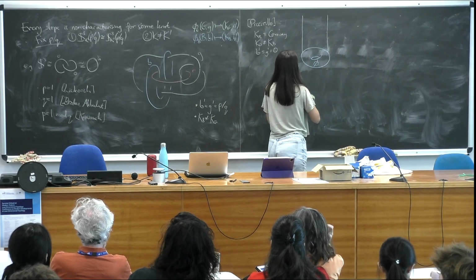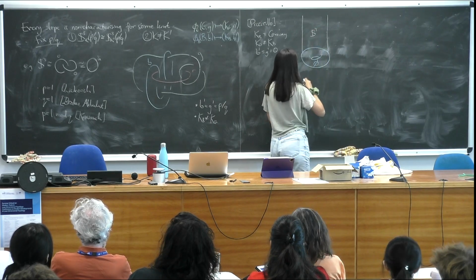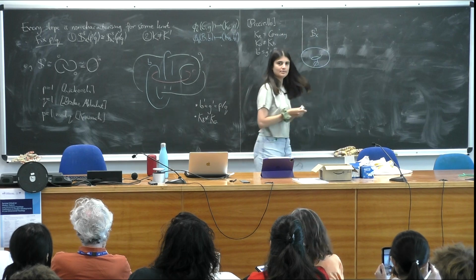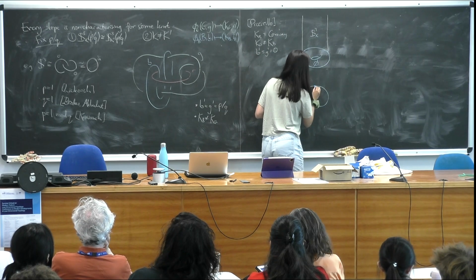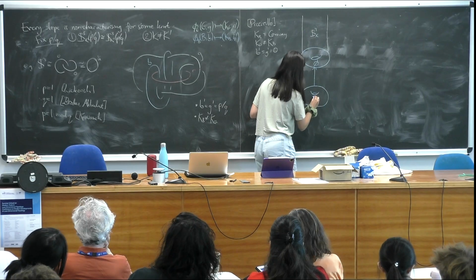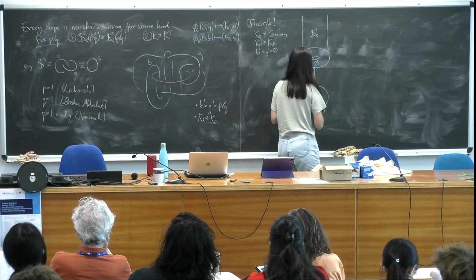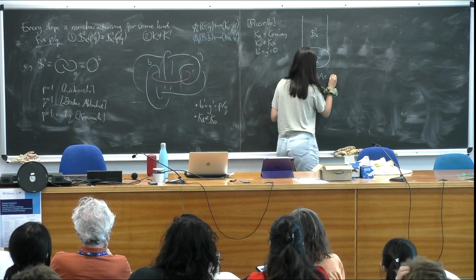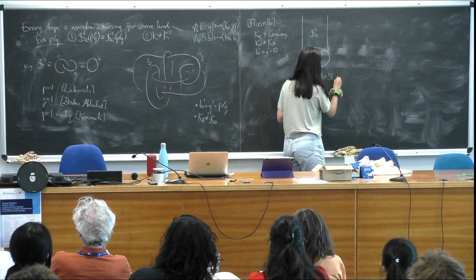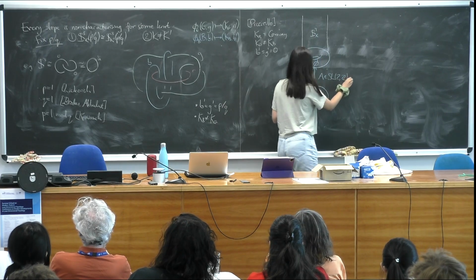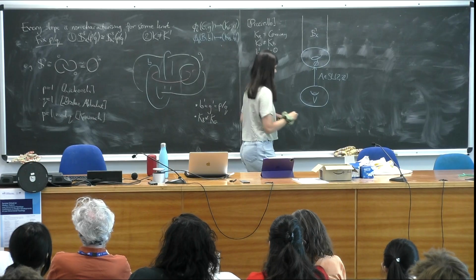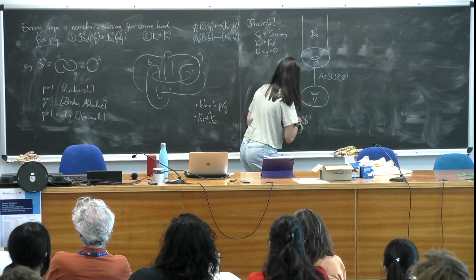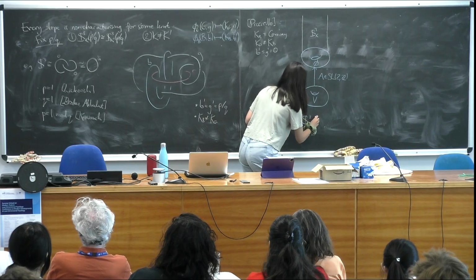So here we have the exterior of some knot K in S3. When we do Dehn surgery, we're going to be gluing in some solid torus, which I'll call V, with some map, which is a homeomorphism of the torus. So this is how we get surgery on a knot of some slope.